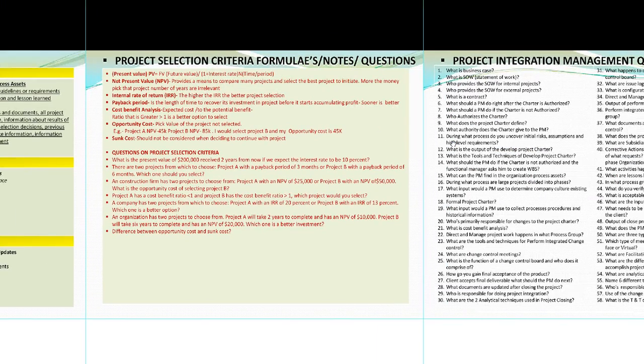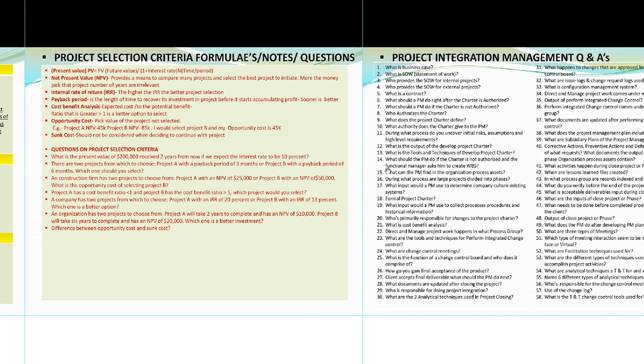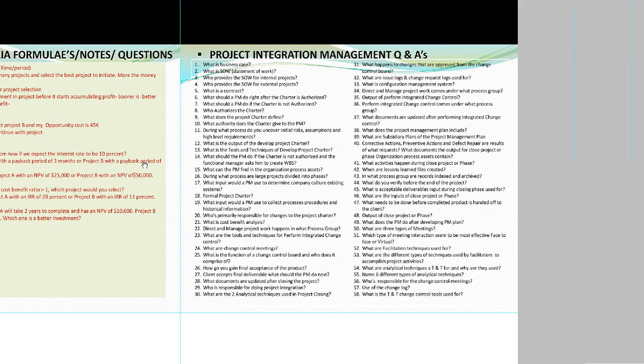The next slide that we have is not part of the process, but is project selection criteria, formulae, notes, and questions. So I have all these up, and when I go into a lot more detail in these processes in the other lectures, that's when I'm going to go through all the project selection criteria, then the project integration management questions and answers. Some questions, for example, would be, what is the business case?